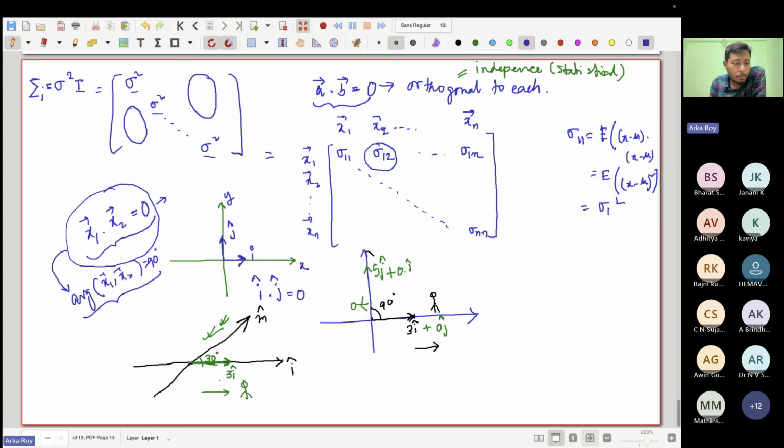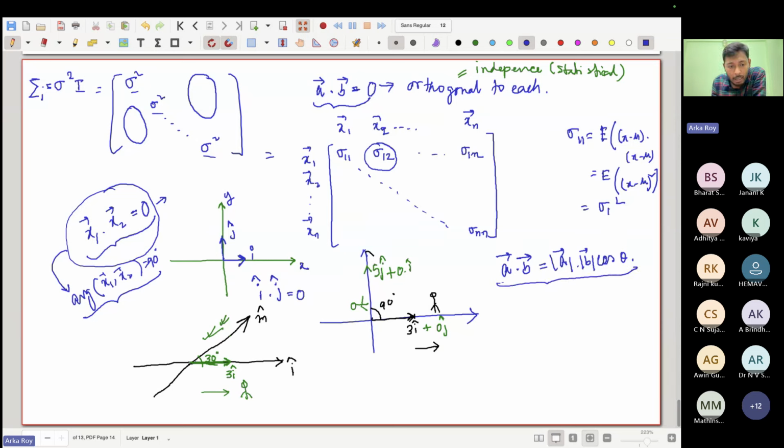But we say a dot b is 0 under two conditions: either the magnitude is 0 or the angle between them is 90 degrees. So let us consider cos of theta. So this is for a dot b.